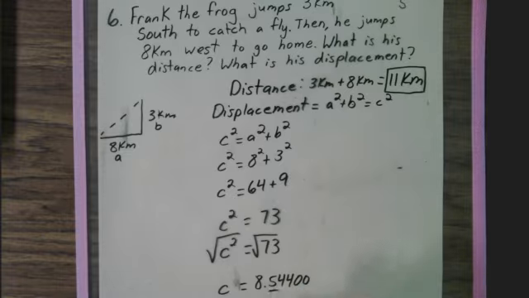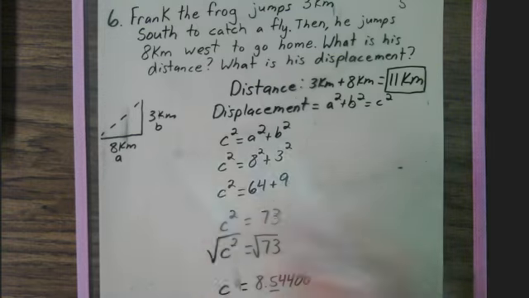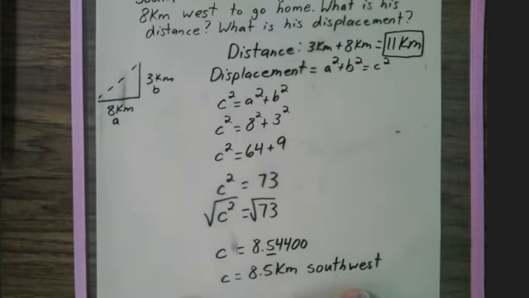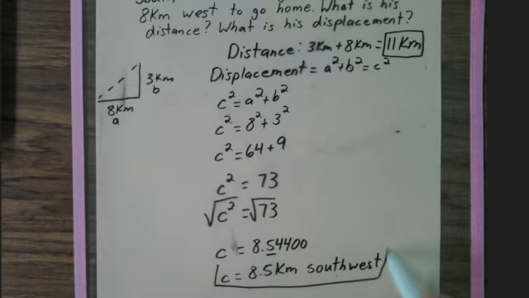We're going to round it to the nearest tenth. c is equal to 8.5 kilometers. And we need a direction. The direction is southwest. And that is how you do distance and displacement.